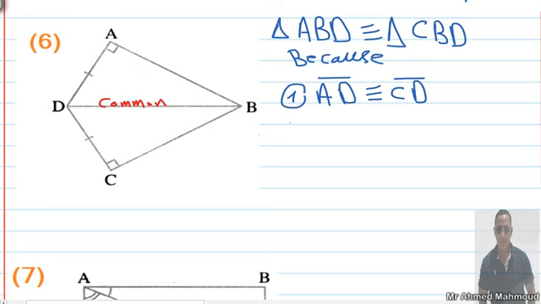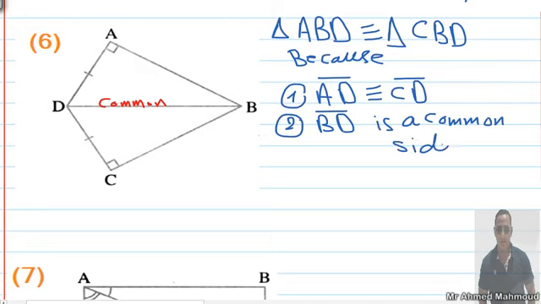Number two, BD is a common side. Number three, angle A is congruent to angle C, and they are right angles. This case is R.H.S.